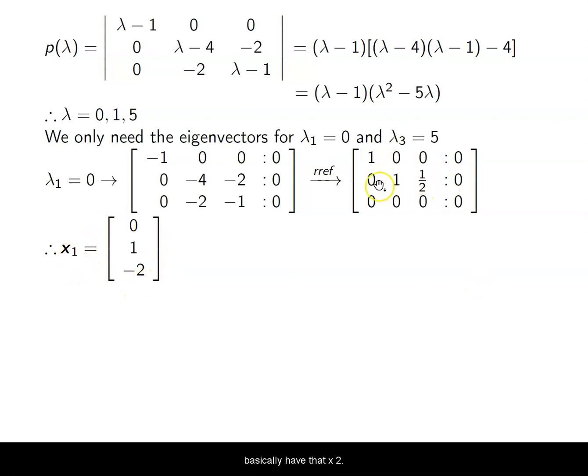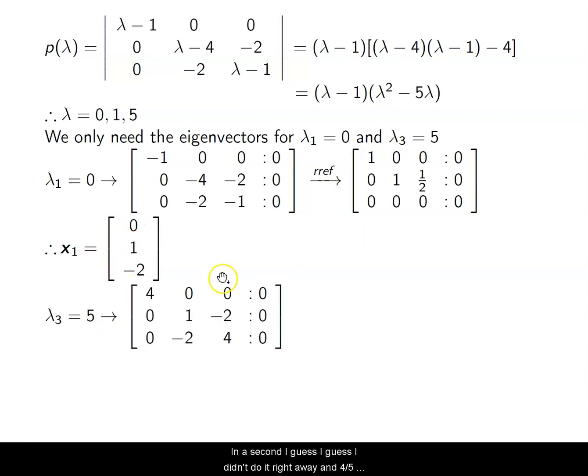We basically have that x2 plus 1/2 x3 is 0. So you subtract that out and we can get our values. We all should know how to do this at this point. But notice again, we need this to be normalized. It should be very clear here that when you square both terms and add them together, you get 5, so we divide this by square root 5.